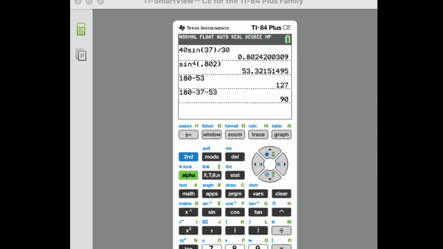All right, let's write down what this means. 90, 37, and what? 53 degrees.